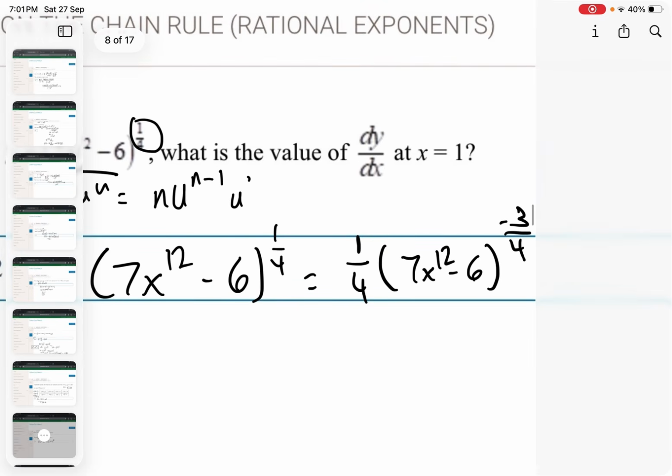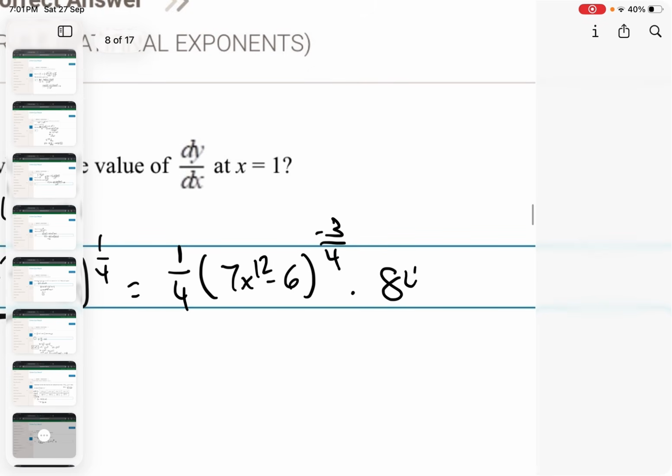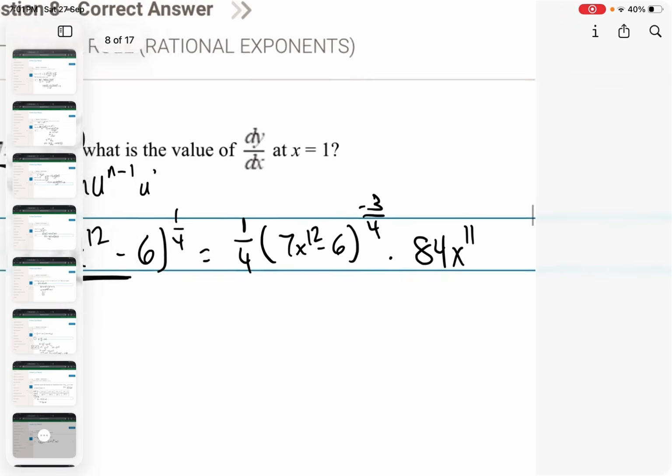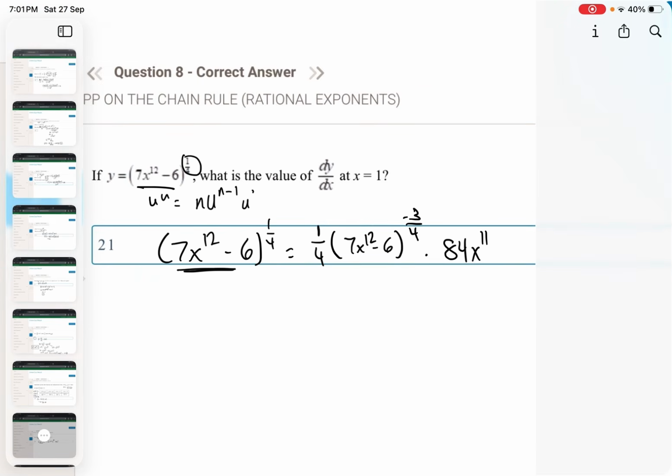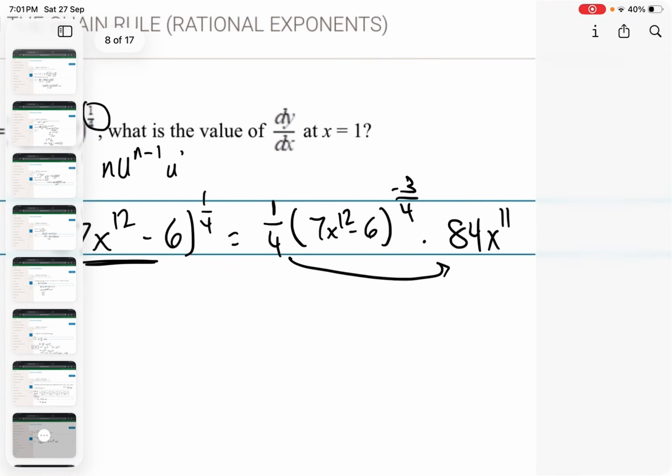The derivative of this is 12 times 7, which is 84x^11, and the 6 will go because the derivative of a number is gone. Then you multiply 84 times 1 over 4, which is 21x^11, times 7x^12 minus 6 to the power of negative 3 over 4.